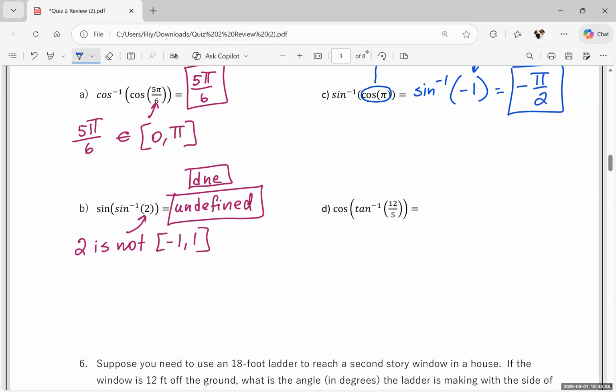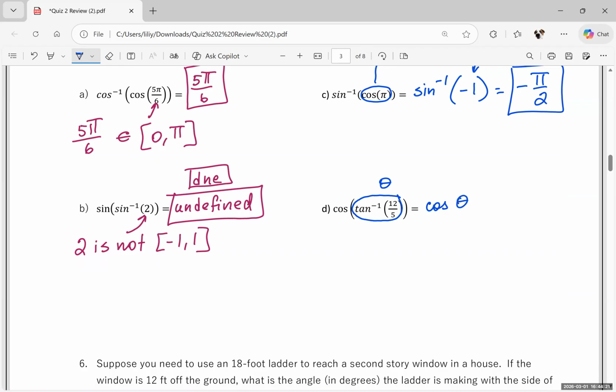Okay, and then the most cumbersome one, cosine of inverse tangent of 12/5, inside and then cosine on the outside. Again, start with the inside function. So you have to remember that this is an angle of some sort. I'm going to call it theta. So really what we're trying to find is cosine of the angle theta.